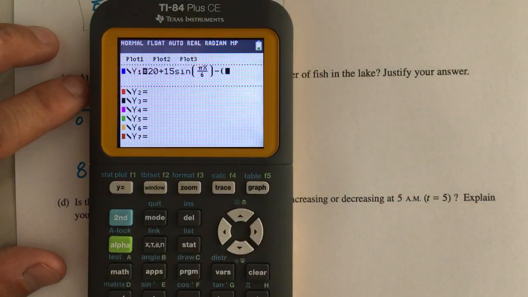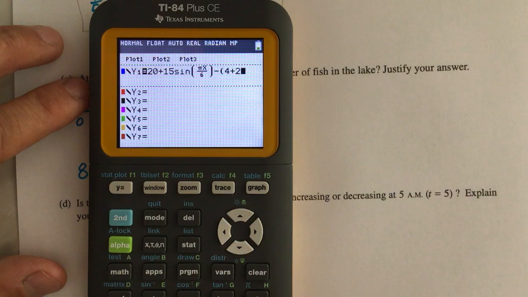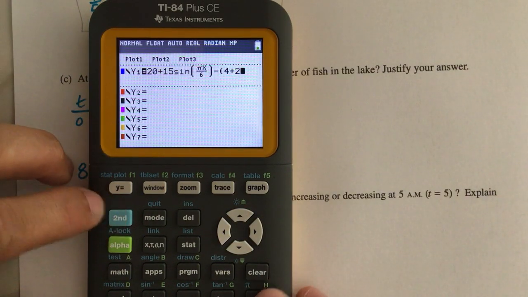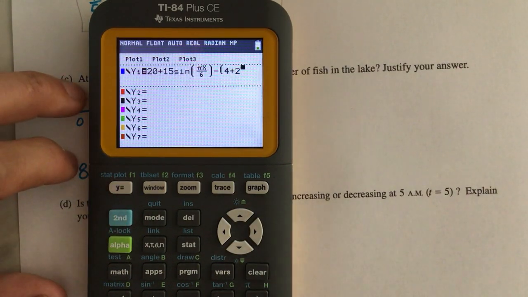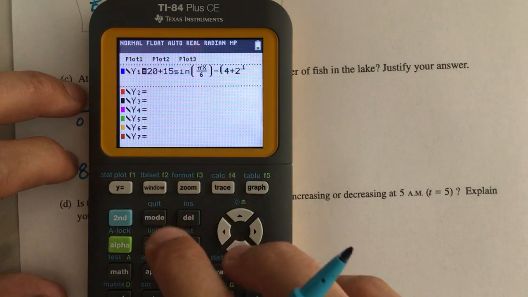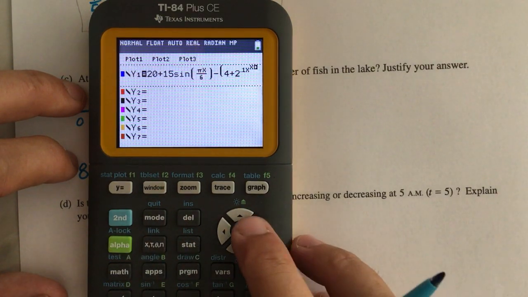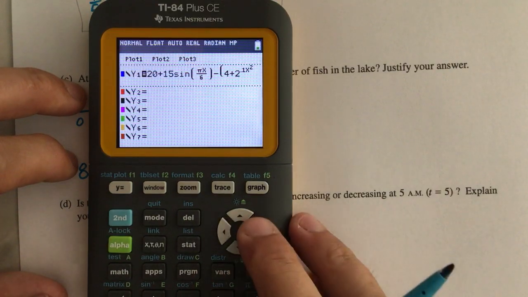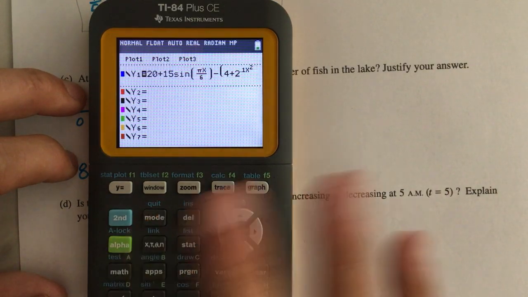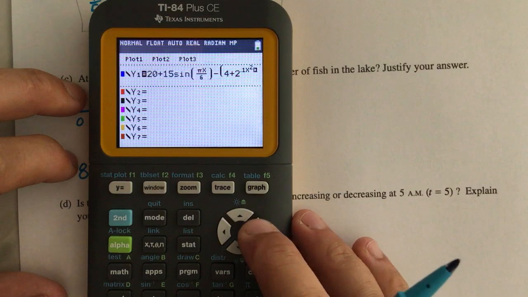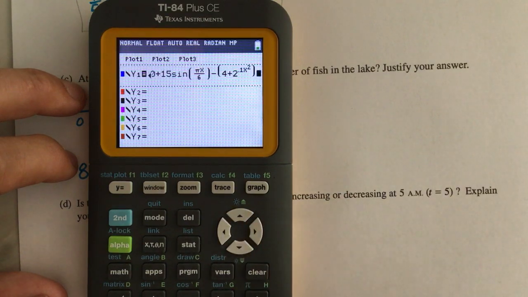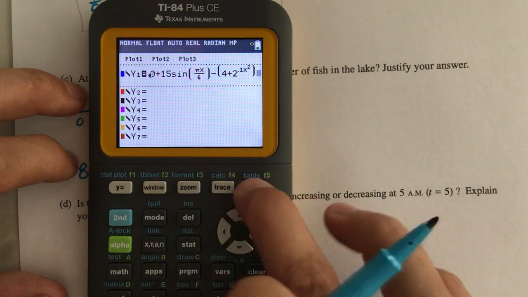I'm going to put this all in parentheses. 4 plus 2, this is just the other function, to the 0.1 x to the second. That all looks good. Did I get everything? I think I did. Let me close the parenthesis and then regraph it.